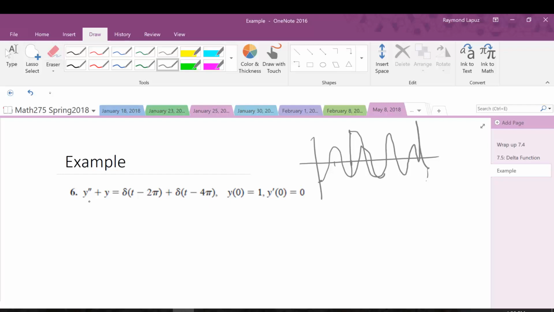So maybe it would just be a jump in that position. The derivative probably wouldn't be defined anyway, because there's this jump that happens, and so it becomes technically discontinuous at that point, and it just goes up.